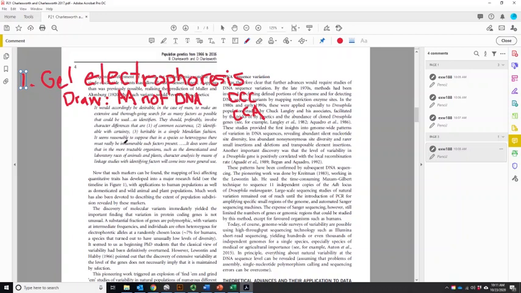Drawback number two is that even amino acid differences, so we'll put amino acid differences, and I'm going to abbreviate here a little bit because of my difficulty in writing here. It looks a little bit like a T. Even amino acid differences may not change the way they migrate on a gel. Let's put may not change migration.